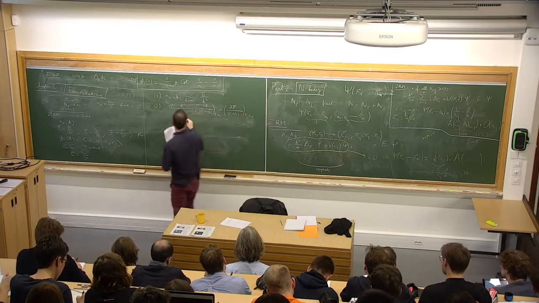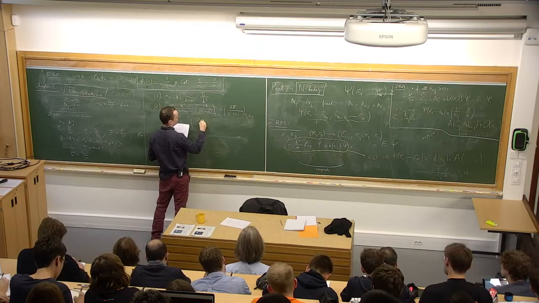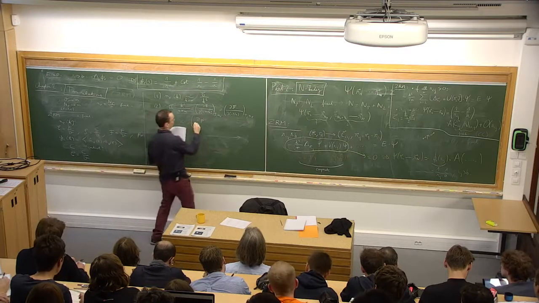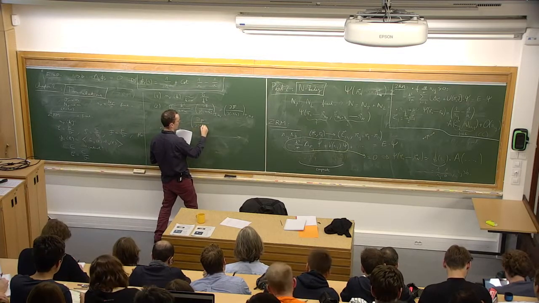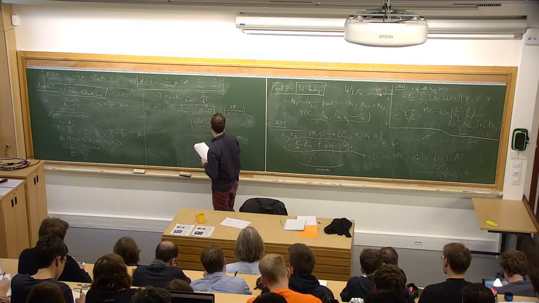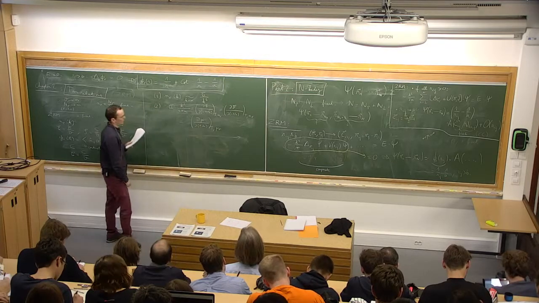Or you can also work in the grand canonical ensemble. In this case, what you have here is the pressure, because pressure is the grand potential per unit volume with a minus sign. Therefore, you have here 1 over a without the minus sign. And now you should keep fixed the temperature and the chemical potentials. Voilà.